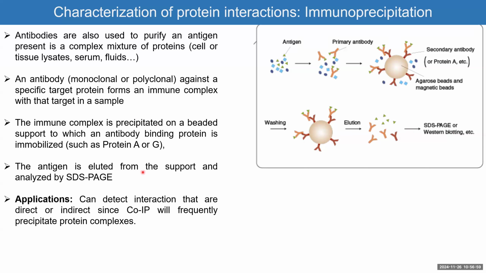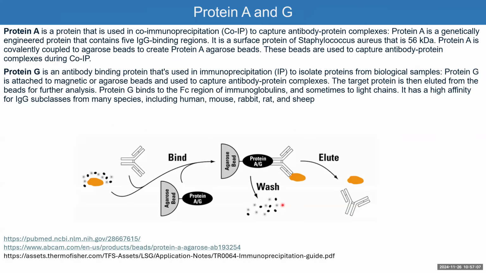Now, what protein A and G on the beads are is in the next slide for your info, if you want to learn what those are and how we use them. So in fact, your antibody is going to bind to a specific protein in the lysates.